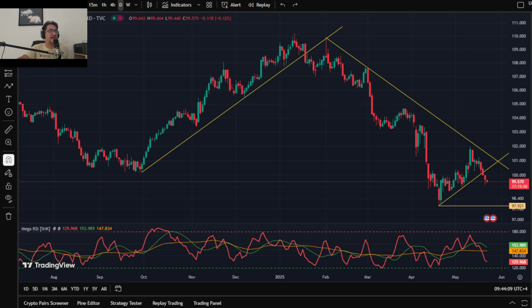Also, you can get some confirmation from volumes. I do not use volumes. I don't like to use too many indicators and oscillators and put all of them on the chart, because sometimes it distracts me. I think it will distract any trader, but some people are very good with too much information.